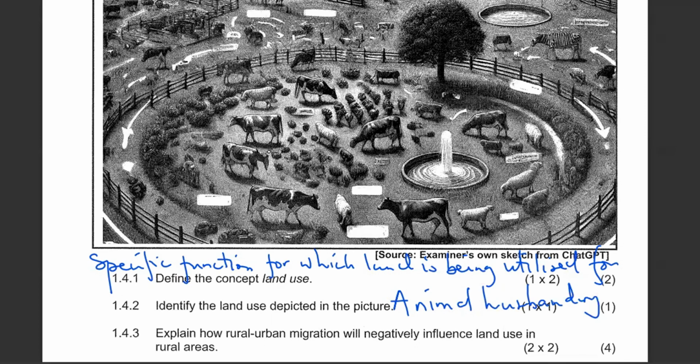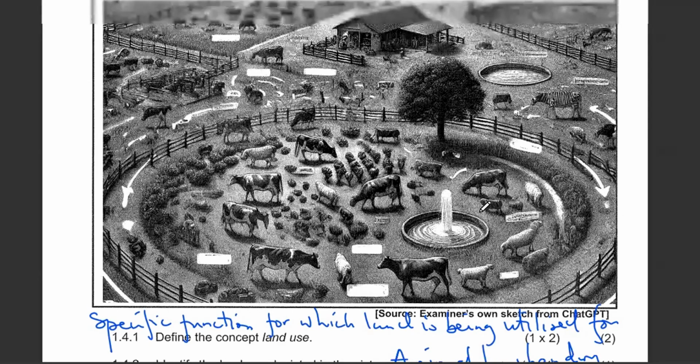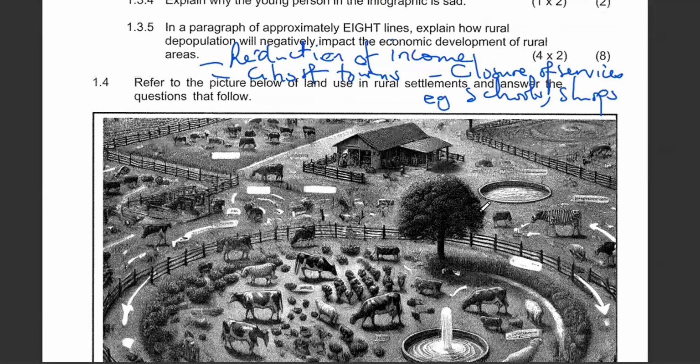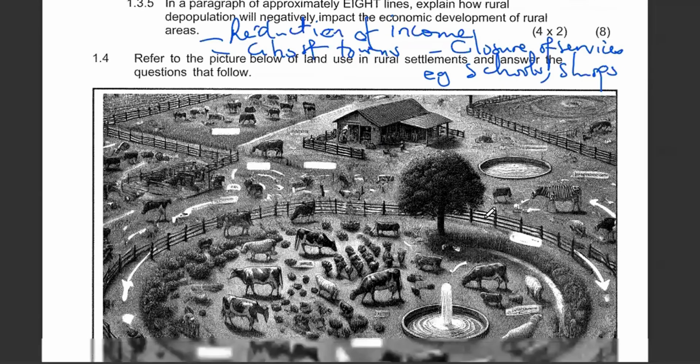We see there are sheep there, and also there are some cows, and most definitely maybe they are producing milk, and maybe they are also producing some products from the sheep. And we can see that's the nature of the farming which is taking place on that particular geographical space.